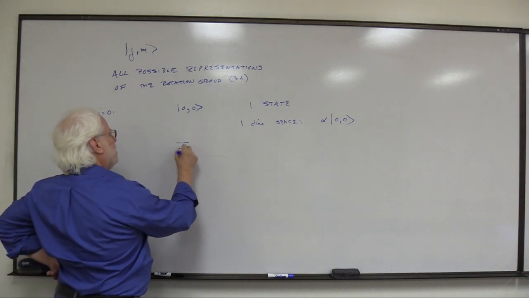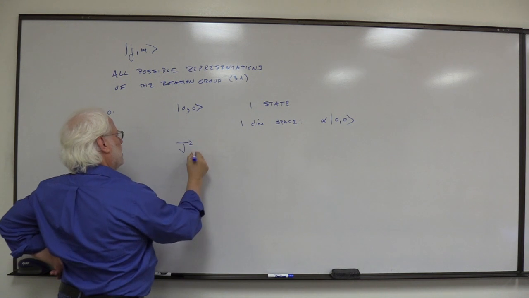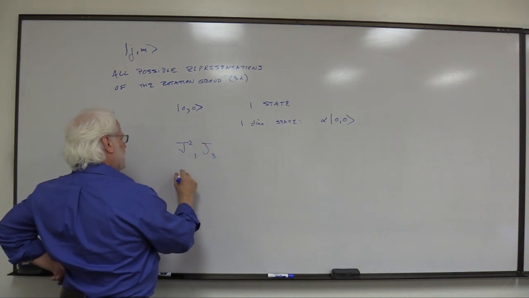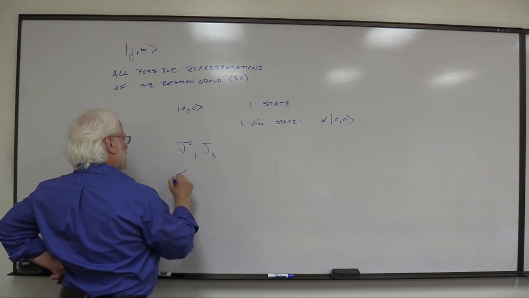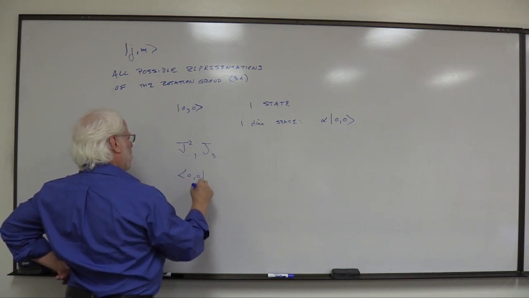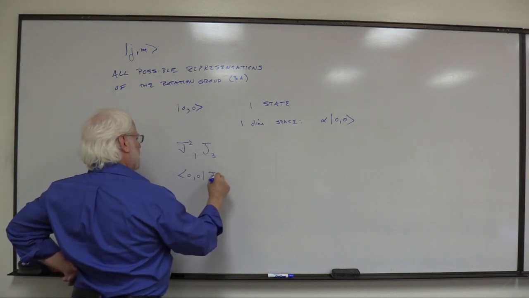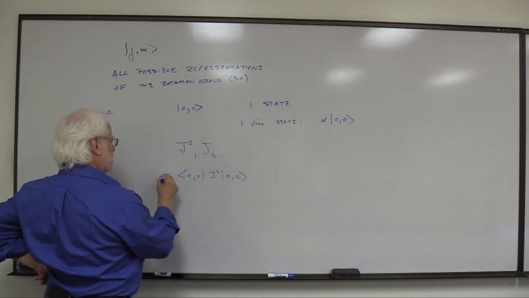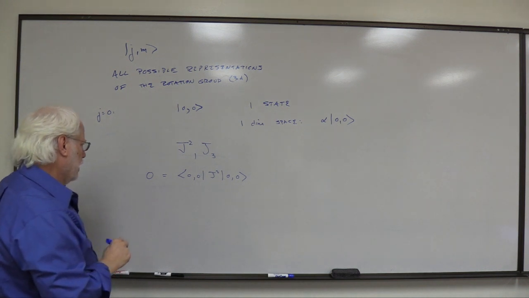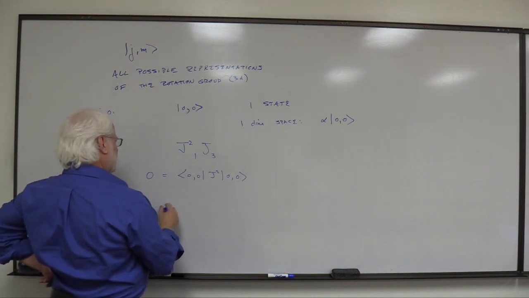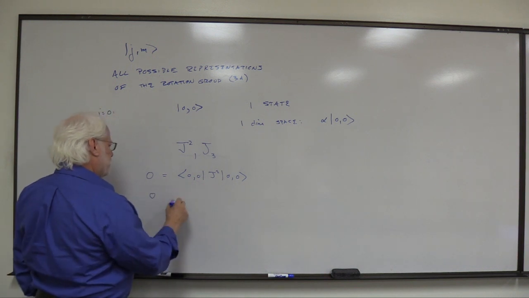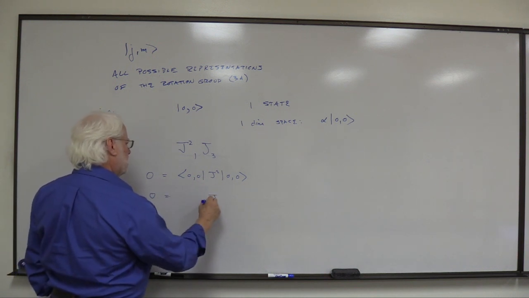Well, we can find matrix elements for J squared and J3. Just sandwich them between all possible states. So J squared, 0, 0, well, this is boring because it's just 0. And J3 is going to give us 0. So both of the representations are 0.